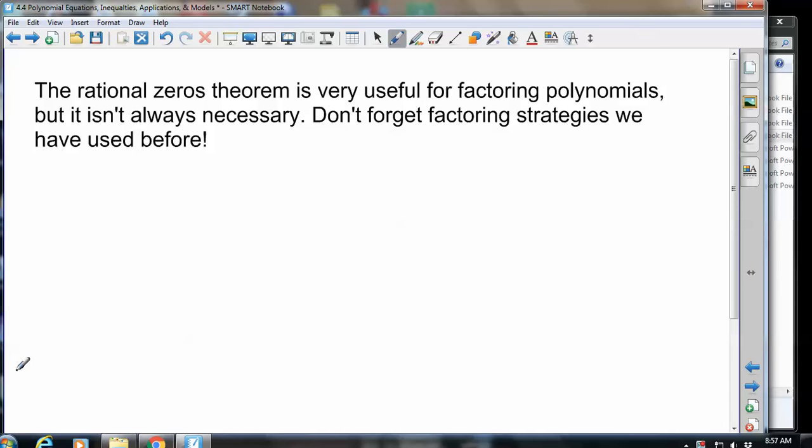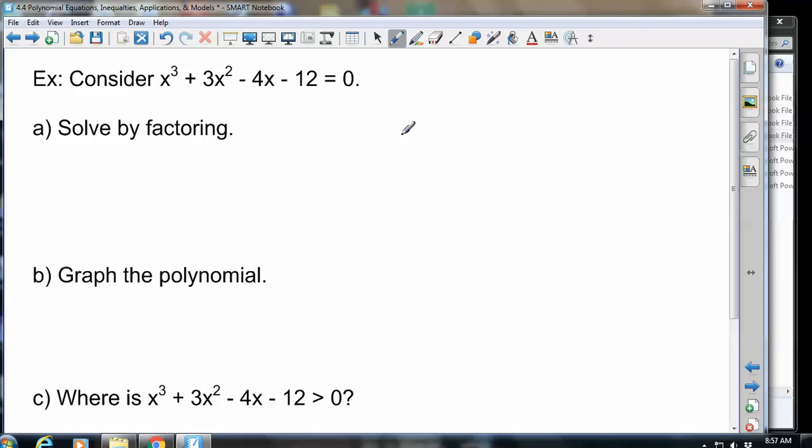There was at least one example yesterday where it wasn't necessary because we actually had factoring techniques that could have helped us solve it. So in this section, I just want to refresh some of the techniques from the past that you could solve problems nicely by factoring, and just refresh your memory on those.